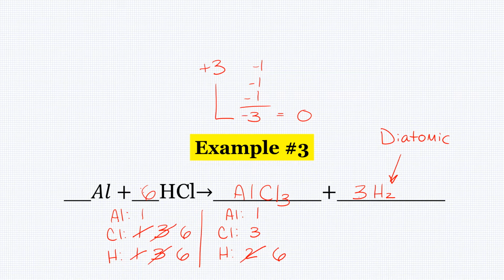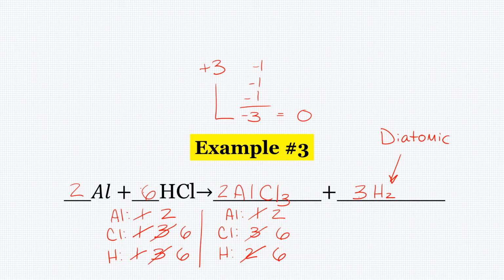So I'm going to put a 2 in front here. So now I have 2 aluminums, but 6 chlorines. So in balancing one thing, I unbalanced another. So to complete the balancing, I'm going to put a 2 in front of aluminum on the reactant side. And let me just double check. That looks like we are balanced.